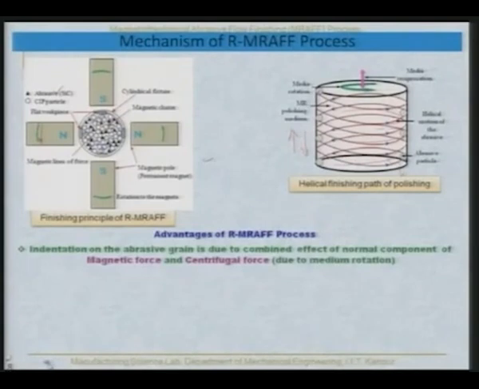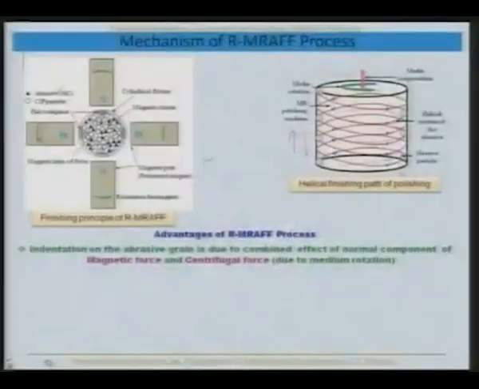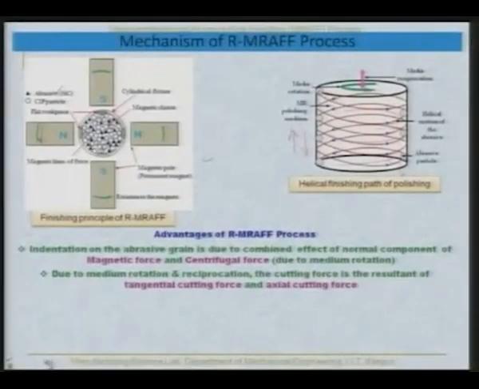Advantages of the RMRAF process: indentation on the abrasive grain is due to the combined effect of the normal component of magnetic force and centrifugal force due to the rotation of the medium. So, these two forces combine and lead to a higher depth of penetration compared to the MRAF process.